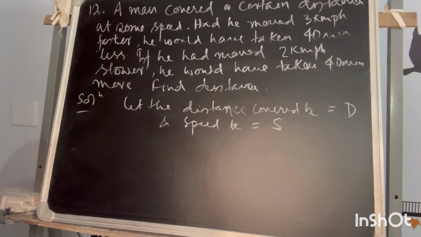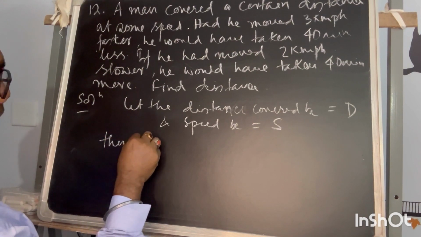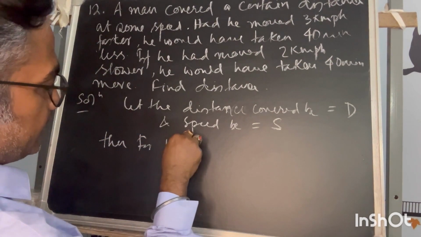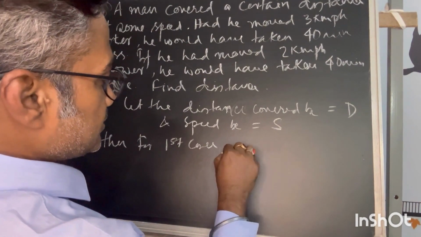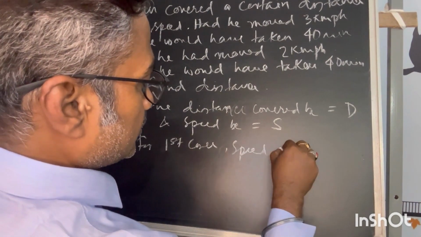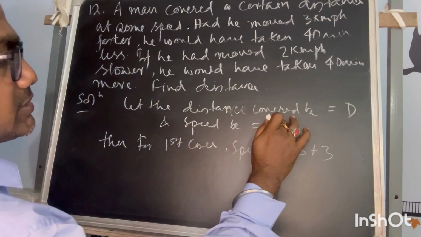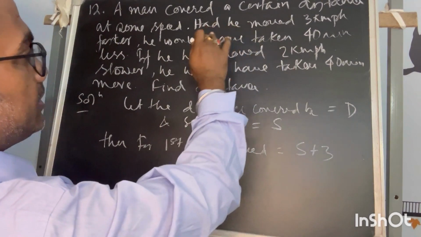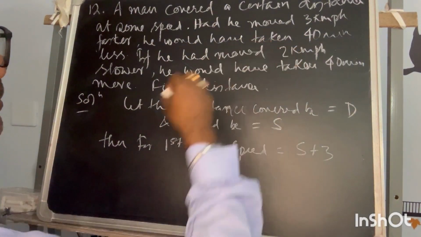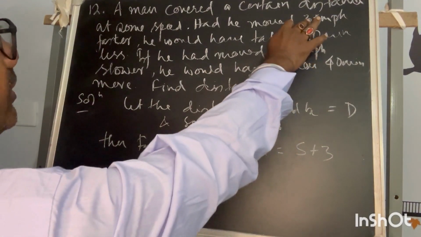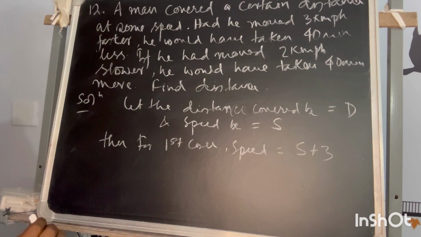Had he moved 3 kilometers faster, then for the first case the assumed speed is equal to s plus 3. I am assuming that the units are the same as given in the sum, so if it is 3 kilometers per hour, s is also in kilometers per hour. There is no ambiguity in that.